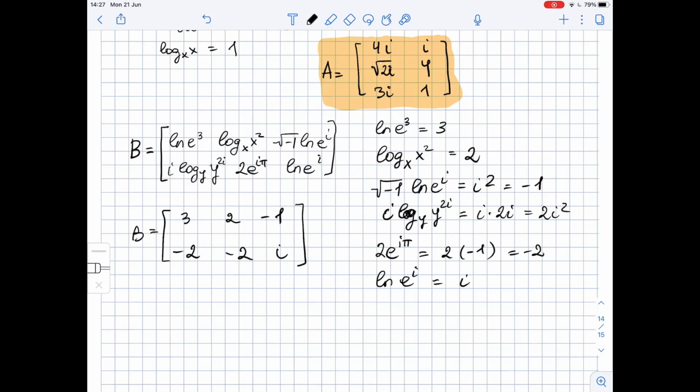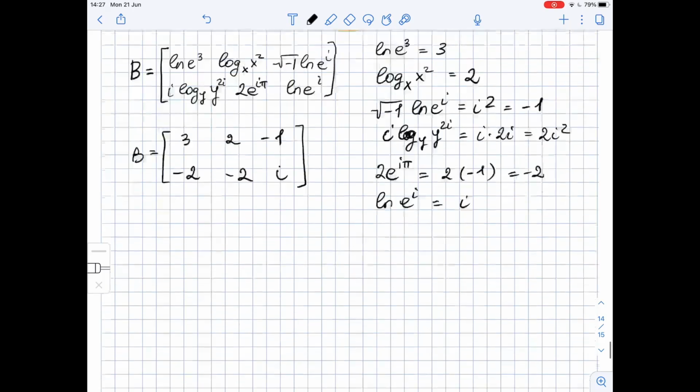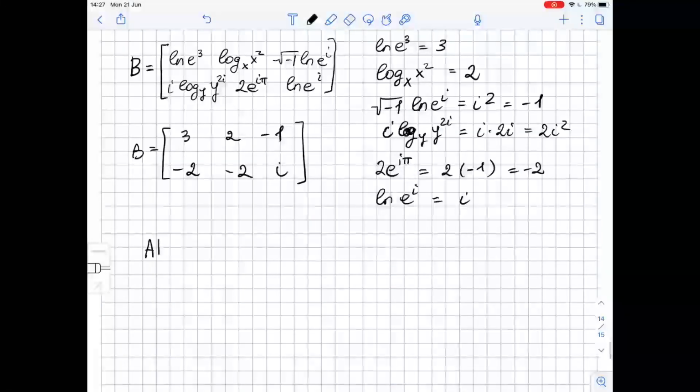Now we just need to find the product of these two matrices. So we need to find the product AB.